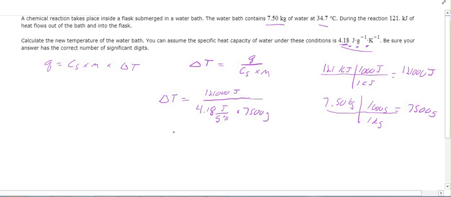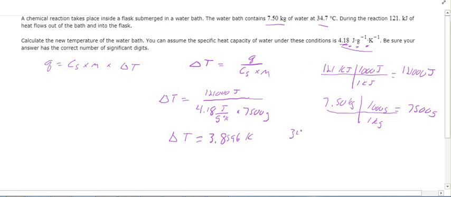Okay, so if I do that math, then I have delta T that's going to equal 3.8596. Okay, and that is going to be degrees Celsius, and since it's a delta T, it'll work for degrees Kelvin as well.